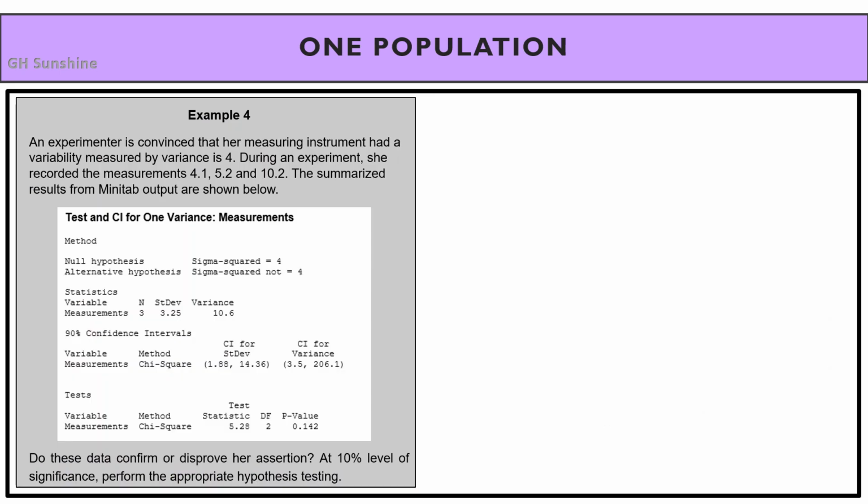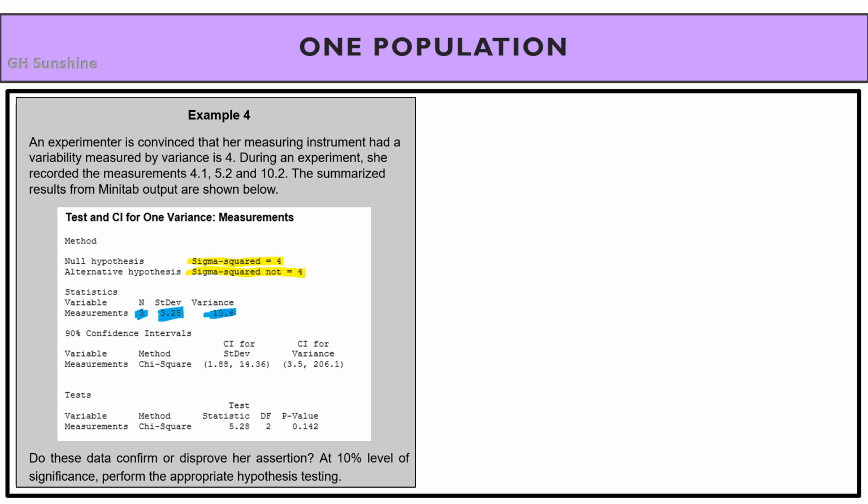So this one is for one population based on Minitab output. From the Minitab output, first look at here. What is the H0? Sigma squared equal to 4, meaning the test is on variance sigma squared. H1: sigma squared not equal to 4. And then the statistics values: sample size equal to 3, standard deviation 3.25, and variance 10.6.